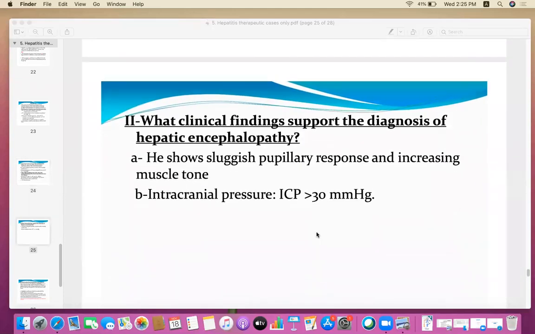What clinical findings support the diagnosis of hepatic encephalopathy? The patient shows sluggish pupillary response and increasing muscle tone with increased intracranial pressure, more than 30 millimeters of Hg, which indicates hepatic encephalopathy.